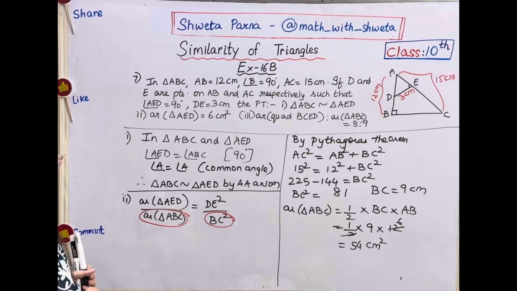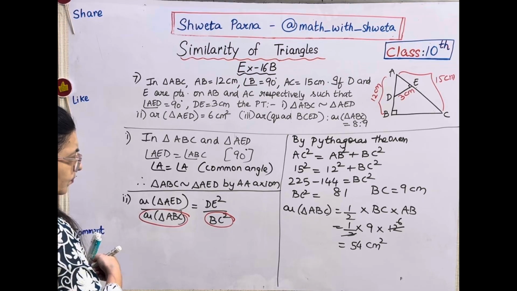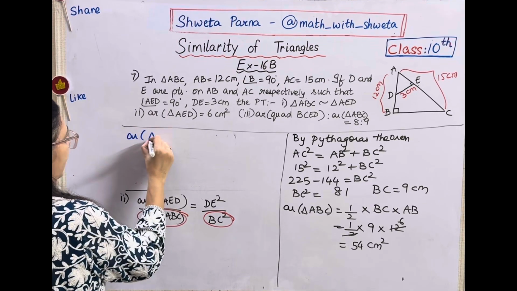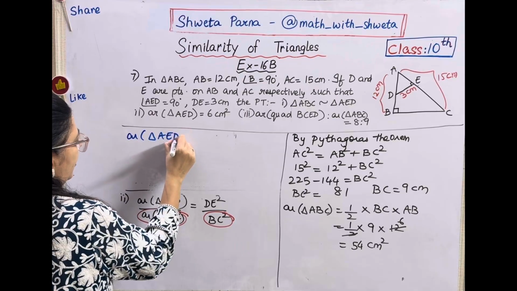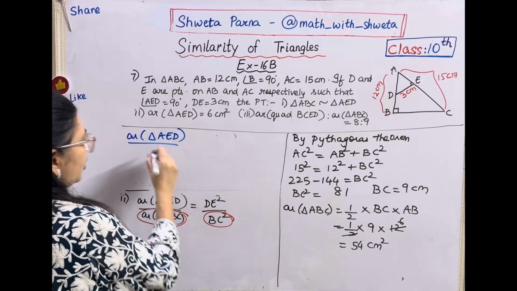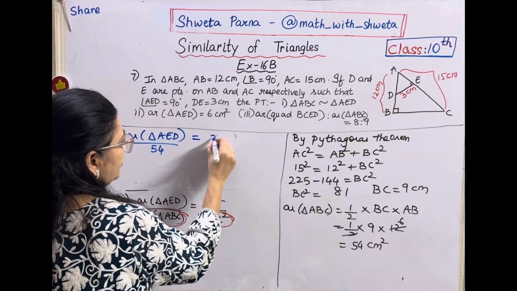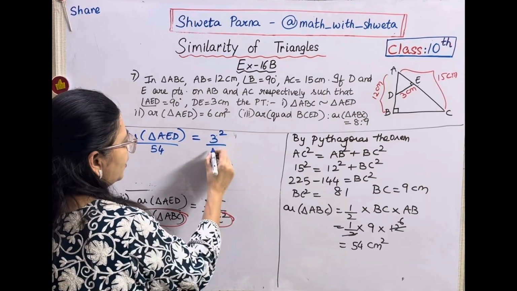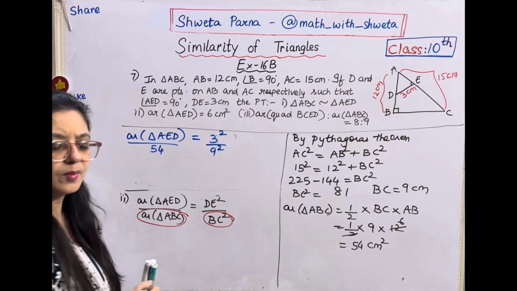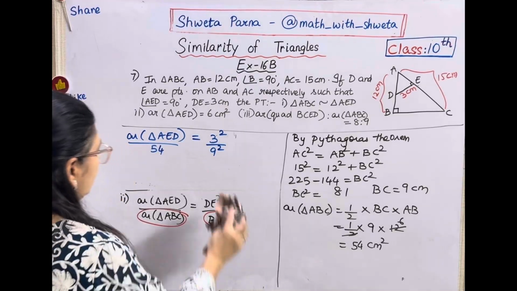Let's use this. So area of triangle AED upon ABC, you got as 54, is equal to DE is 3 square, BC you got as 9 square. Okay, let's continue.